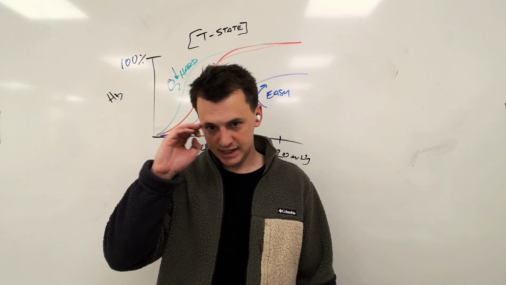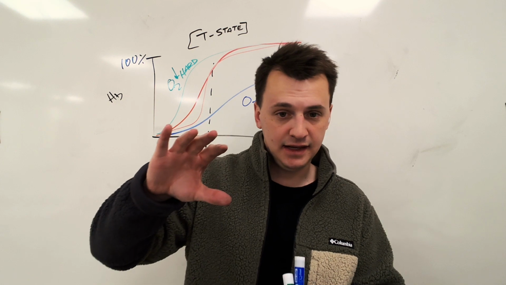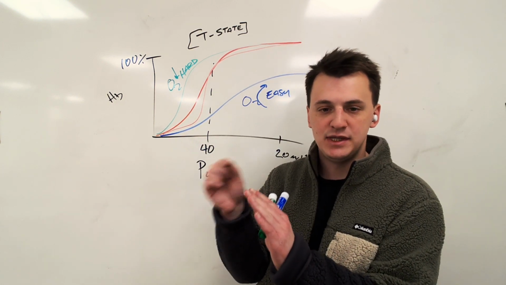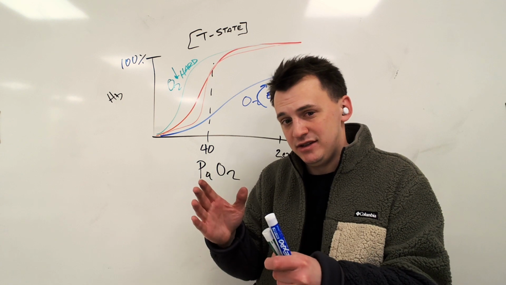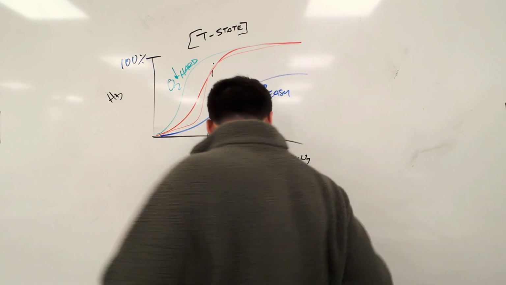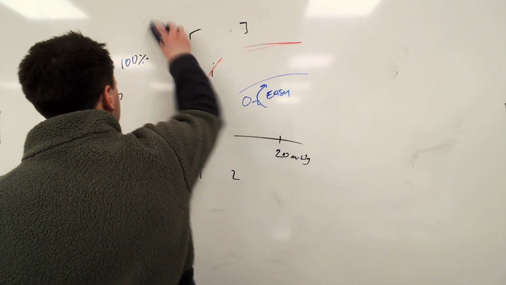And so something we need to understand about the T state and R state is there's something that changes from T state to R state. It doesn't necessarily just change, but there's a molecule that happens. And this molecule is a pretty cool molecule. Let me explain it.